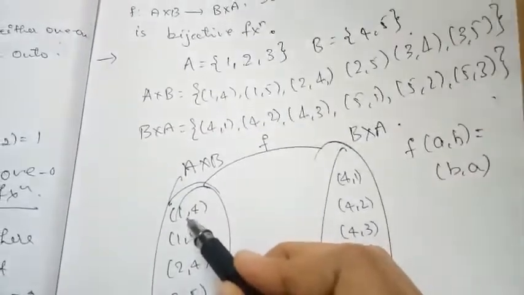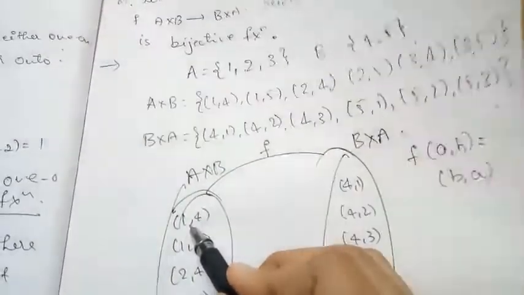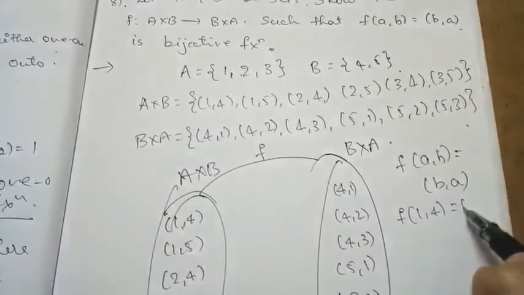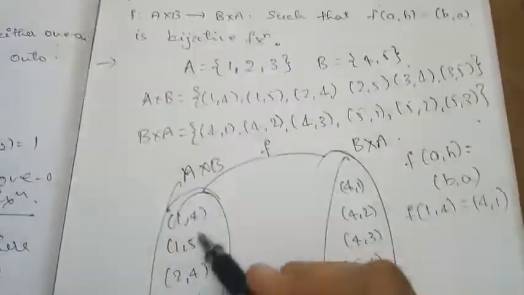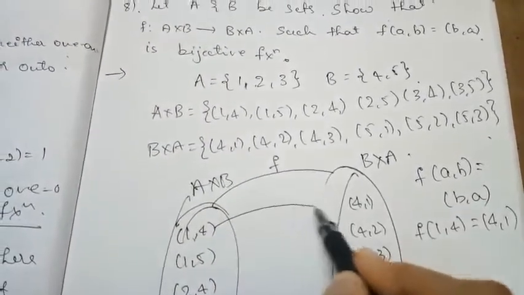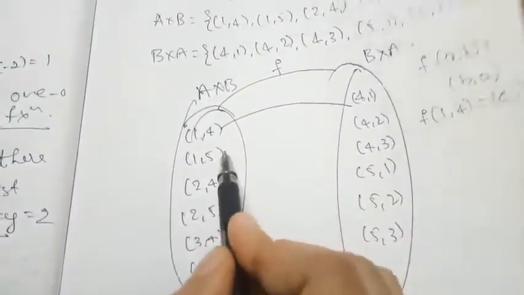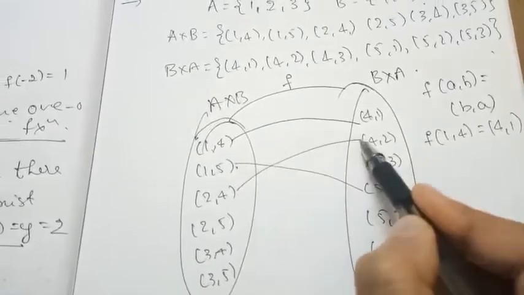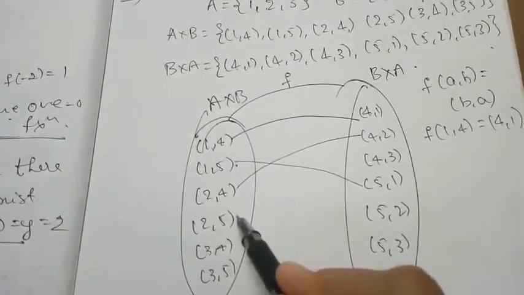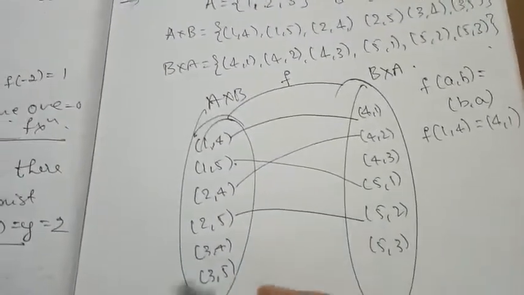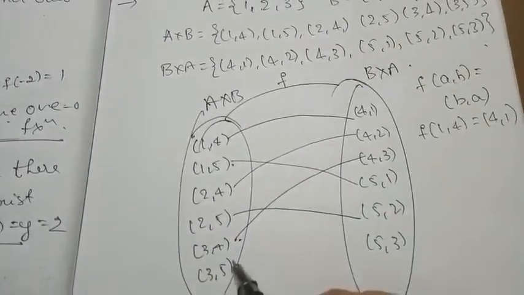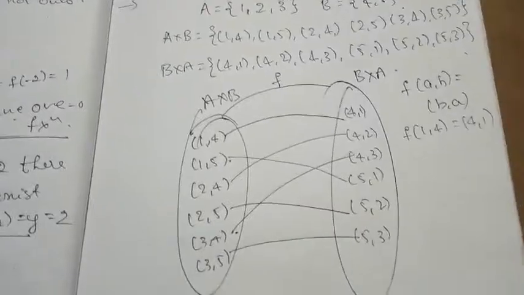Suppose I take f of (1,4), then f of (1,4) is equal to (4,1). So (1,4) is mapped to (4,1). (1,5) is mapped to (5,1). (2,4) is mapped to (4,2). (2,5) is mapped to (5,2). (3,4) is mapped to (4,3), and (3,5) is mapped to (5,3).